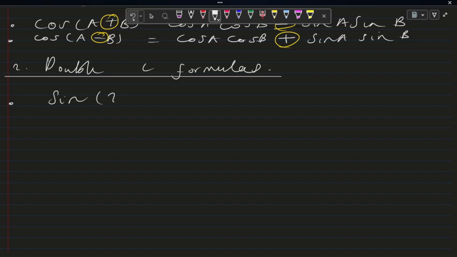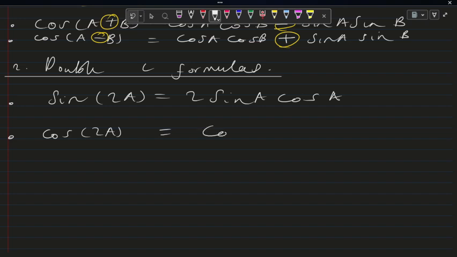Sine of 2a is equal to 2 sine a times cos a. So this is the formula for the double angle related to sine. And then if we have cos of 2a, this will give us cos squared a minus sine squared a.